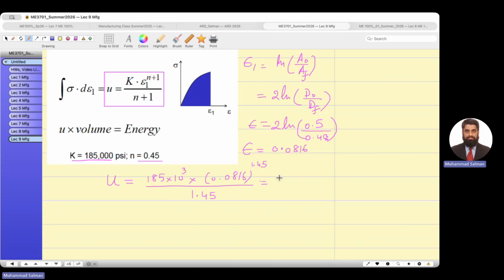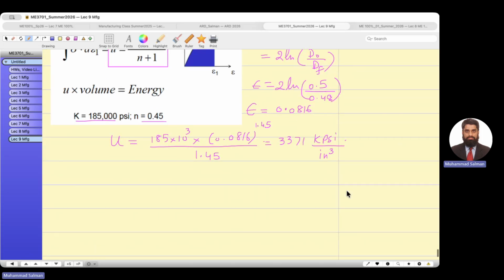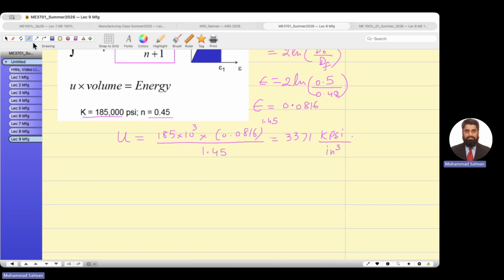And if you solve for this, you should get 3371 kilo psi, per unit inch cubed. Agreed. So now we have to see what is the energy. This is energy per unit volume, so energy per unit volume equals U.